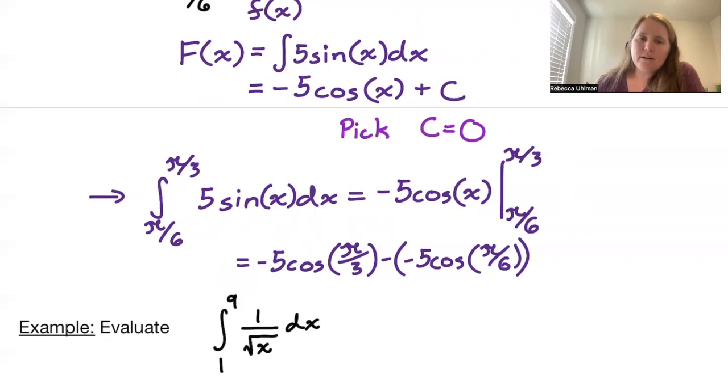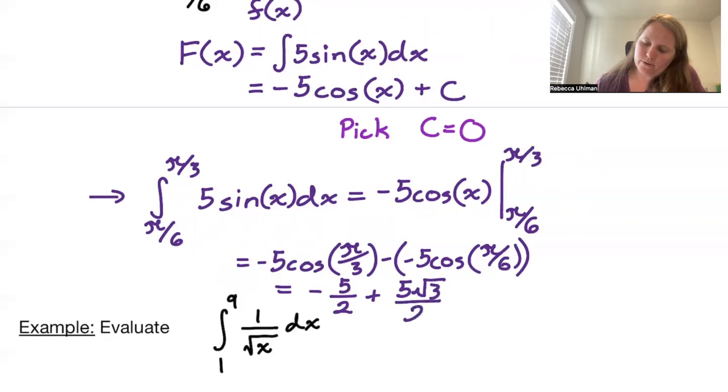Cosine of pi over 3 is just 1/2. So we are looking at a negative 5/2, and then plus cosine of pi over 6 is root 3 over 2. So we'll have plus 5 root 3 over 2. So the definite integral from pi over 6 to pi over 3 of 5 sine of x dx is negative 5/2 plus 5 root 3 over 2.